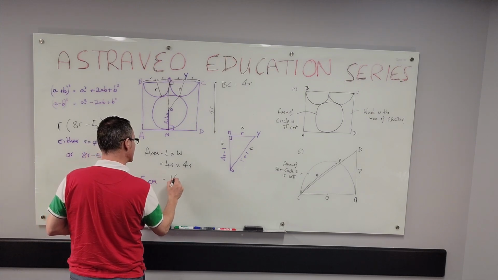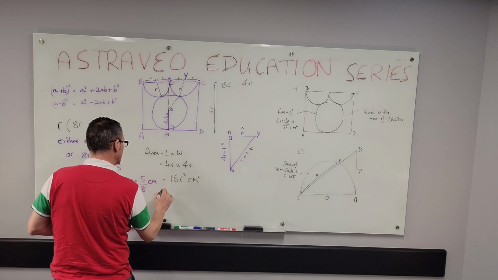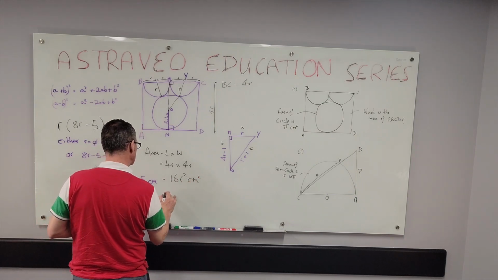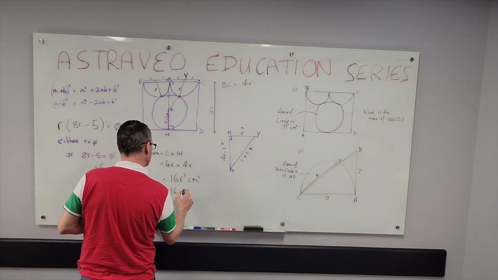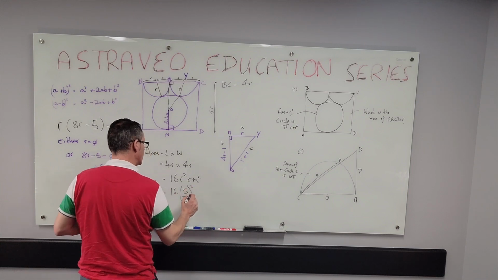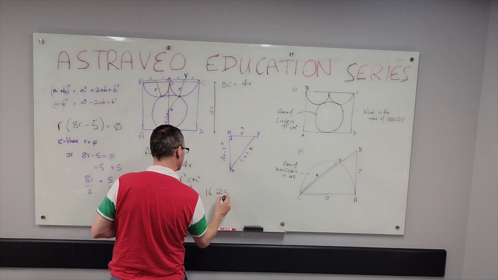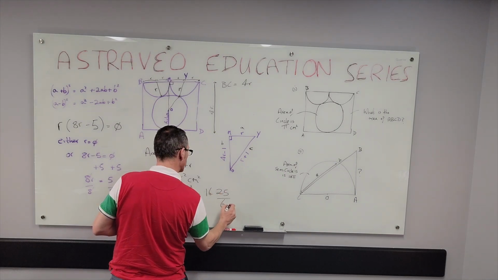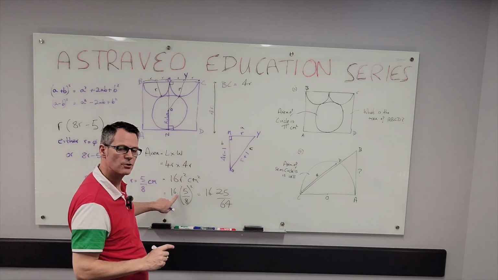Okay, so we get 16r squared centimeters squared. Now we know what r squared is. So it's 16 times 5 over 8 all squared. 5 squared is 25. 8 squared is 64. Now we can do that because we can square it like this because there's a multiplication here.